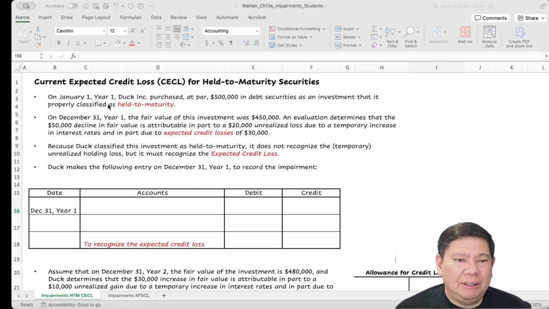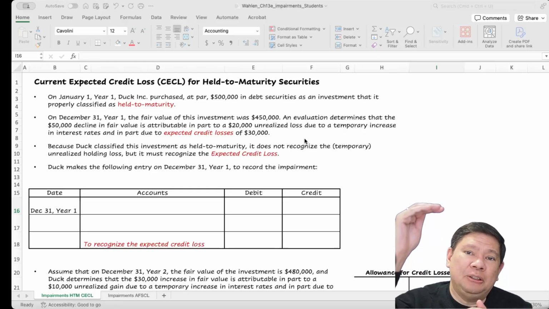Okay, so January 1st, year one, DUC Incorporated purchased investment in held to maturity, $500,000 at par. On December 31st, the fair value of the investment was only $450,000, so it's $50,000 less than the par value, but the evaluation determines that the $50,000 decline in fair value is caused by unrealized loss due to temporary increase in interest rate.